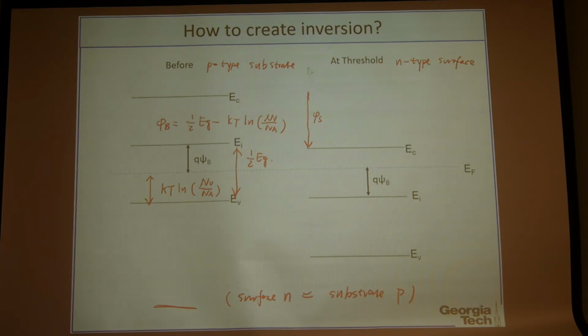At this condition, the surface electron density will equal the substrate hole density. This is the condition we define as the threshold. And then the surface potential, or the band bending at the surface, will be 2 phi b at the threshold.